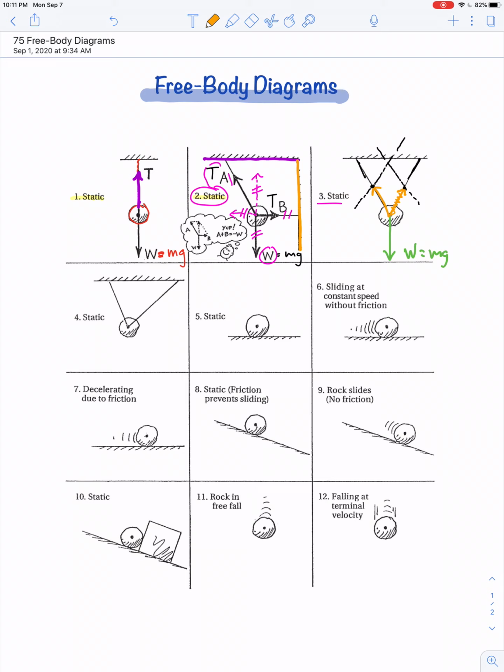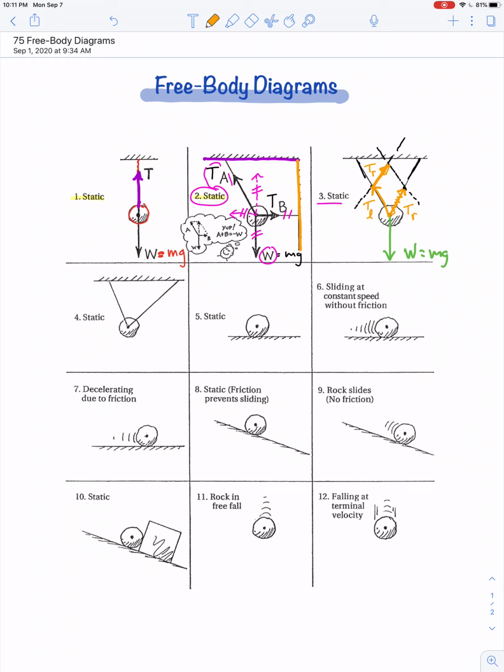As long as we draw something pointing in the same direction and of the same length, we've reproduced the same vector. So maybe we call this one T subscript L for the tension on the left. We had T subscript R for the tension on the right, but we scribbled it out and reproduced it here.